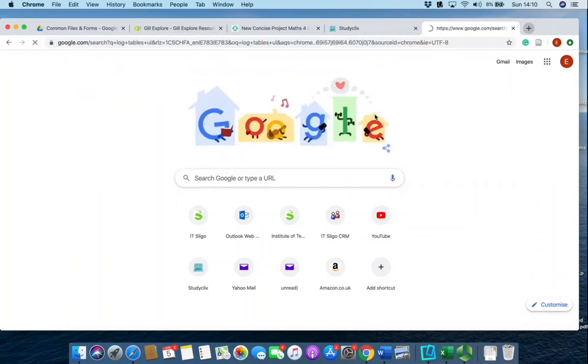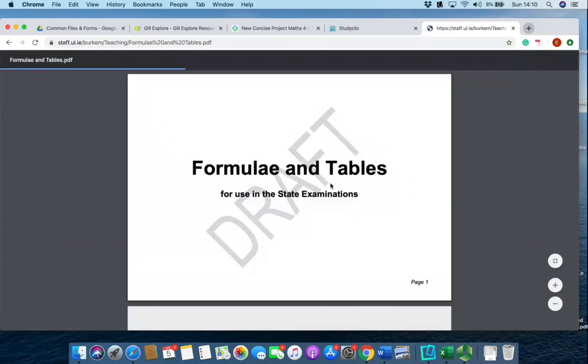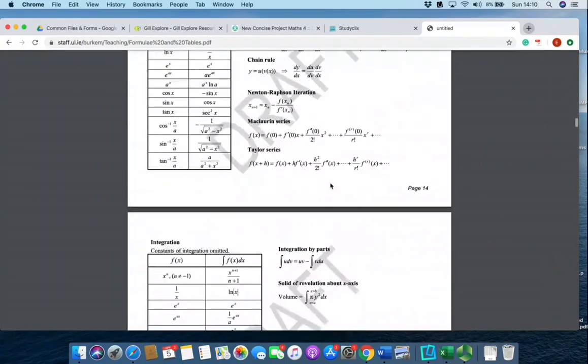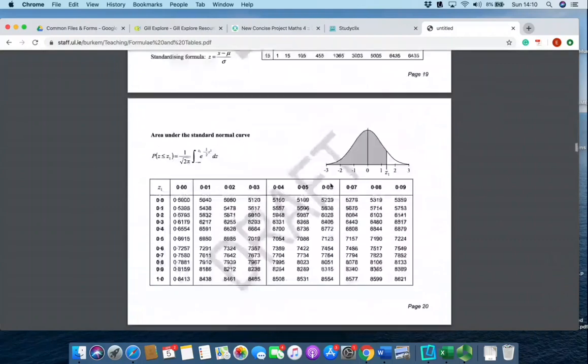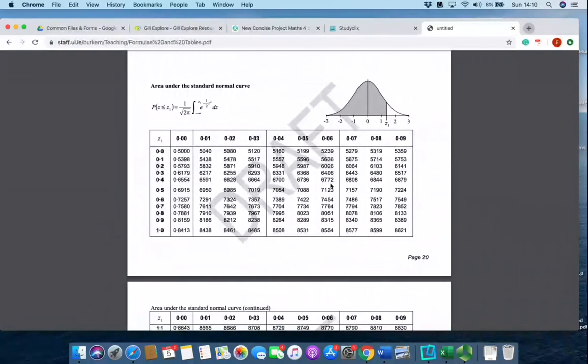I just know UL has a copy up here that I use quite a bit. If you scroll down your log tables, you will come to the stats section of it. Let me see, do I have an actual copy of log tables on my desk? No, let me just get one.